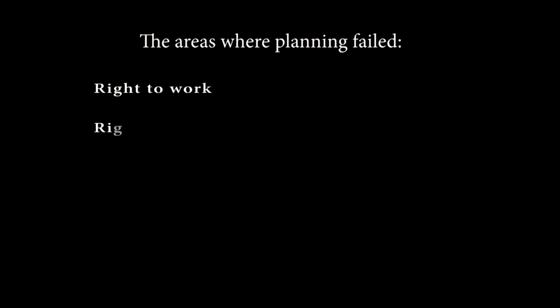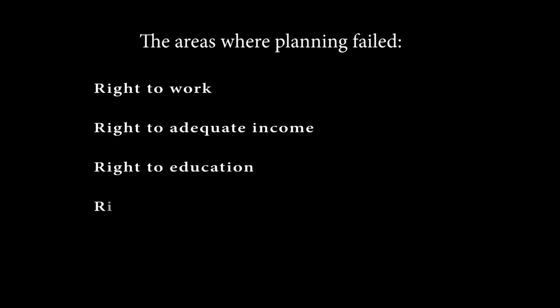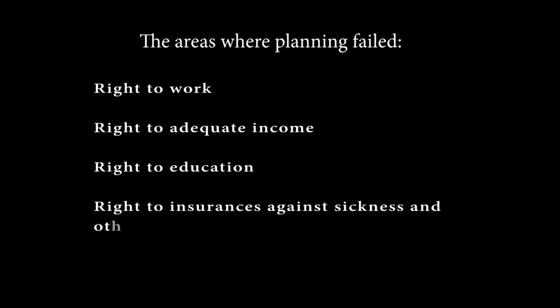People were deprived of the right to work, the right to adequate income, the right to education, and the right to insurance against sickness and other disabilities. But one important aspect during the planned economy of India should obviously be mentioned.